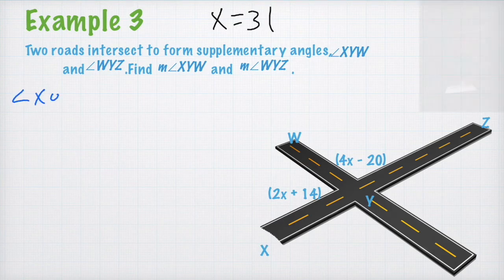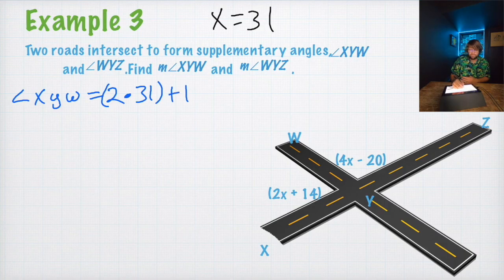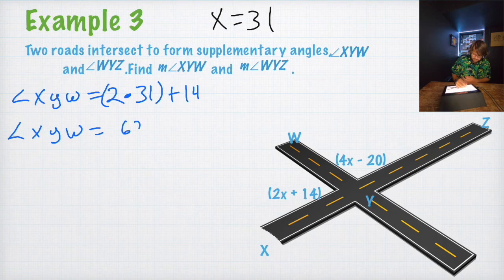Angle XYW equals 2 times 31 plus 14. Angle XYW equals 62 plus 14.